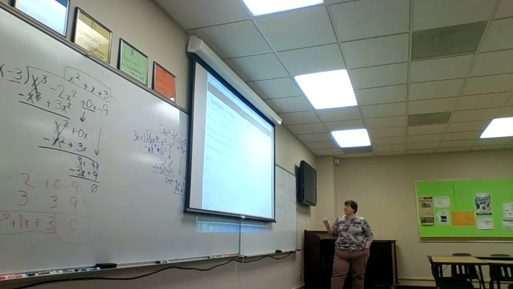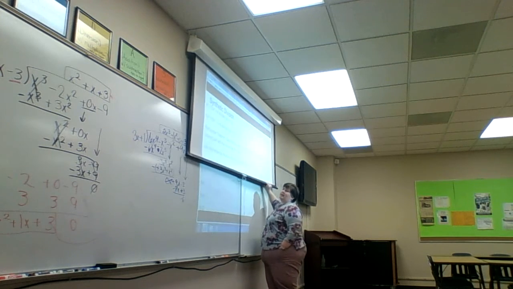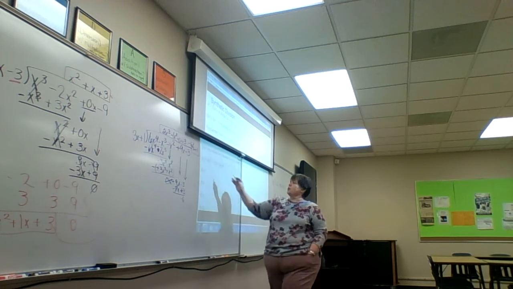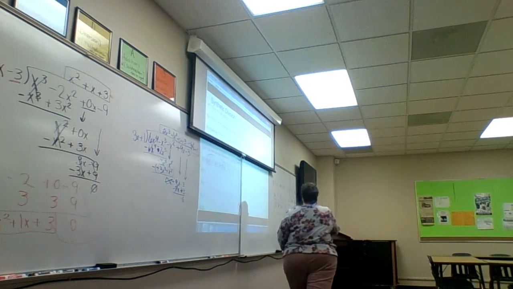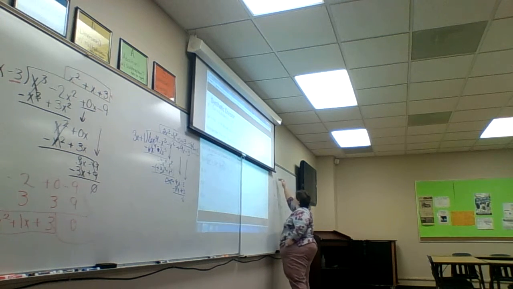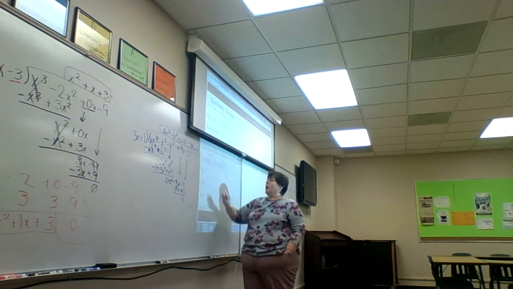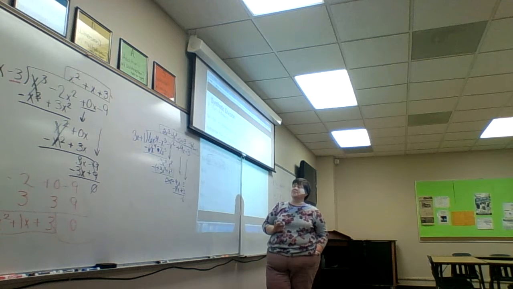Now, that being said, the remainder theorem is exactly the same thing using synthetic division. So this is my inside the box area, and this is going to be my divisor. I don't change this even to do synthetic division.